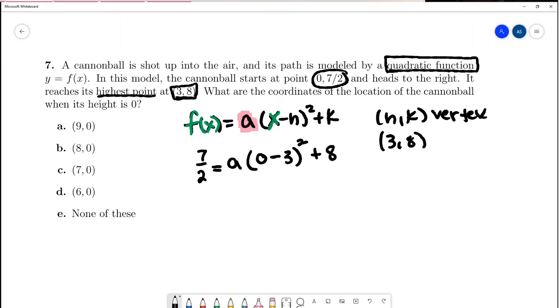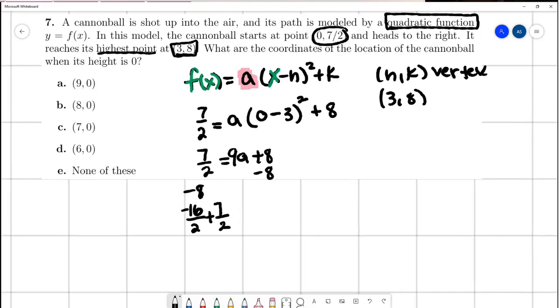and 8. Now to solve this equation, we have 7/2 equals a times 0 minus 3 squared. That's 9. 9a plus 8. I'll subtract 8 on both sides. And if I find a common denominator, that's negative 16 over 2 plus 7 over 2.